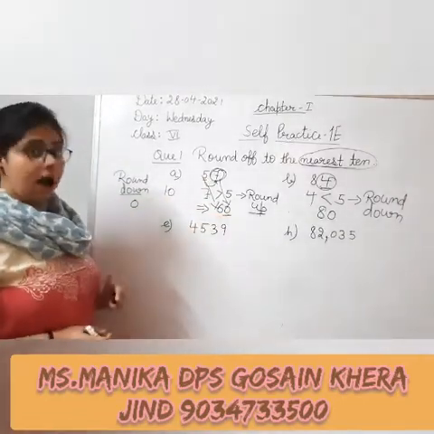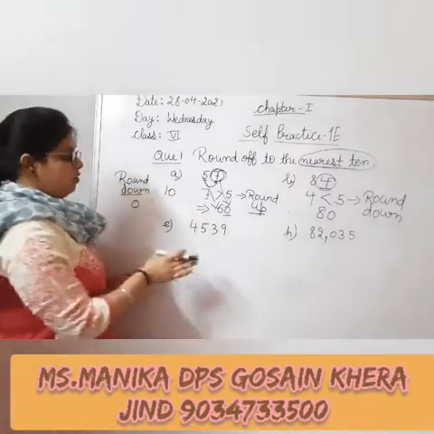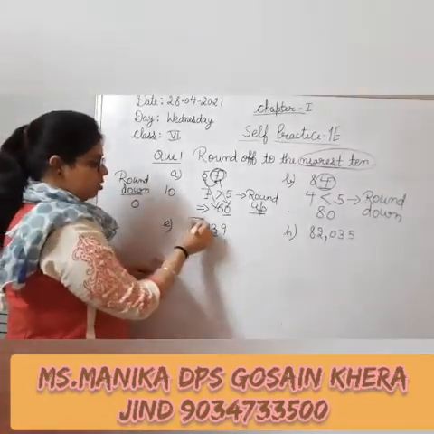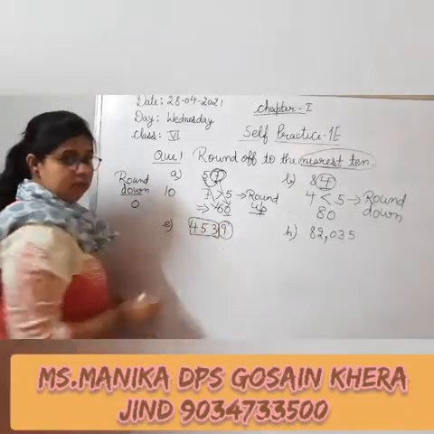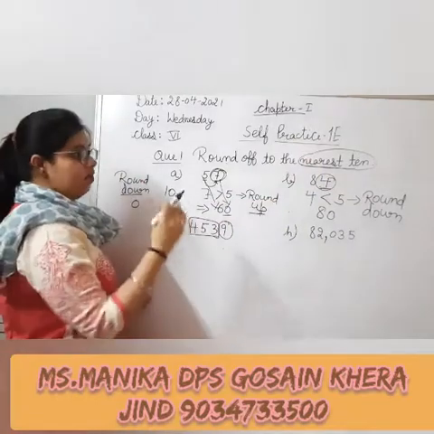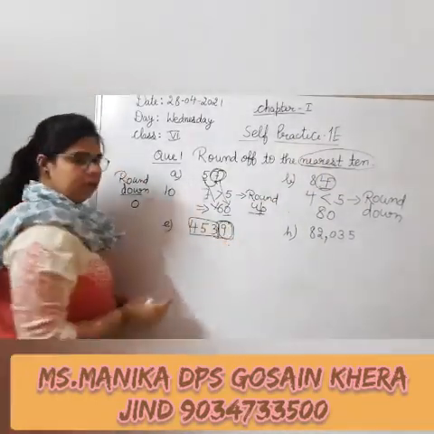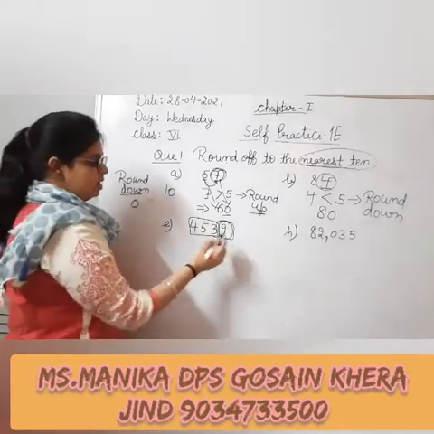Now the E part is 4539. We do not look at these 3 digits, we look at the ones digit, because we have to round off to the nearest 10, and the working rule of the nearest 10 is that we look at the digit at the ones place, that is 9.